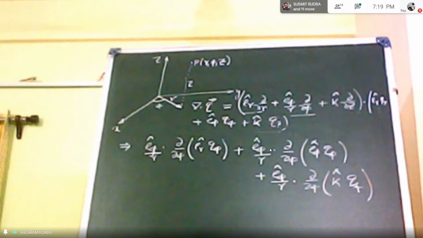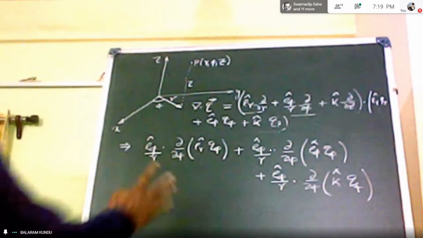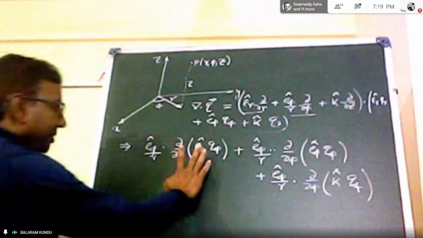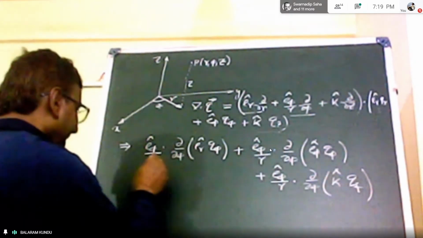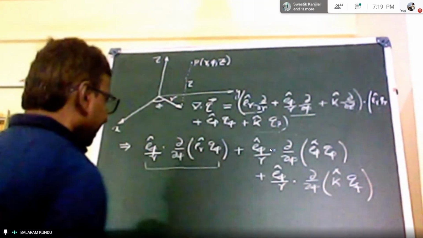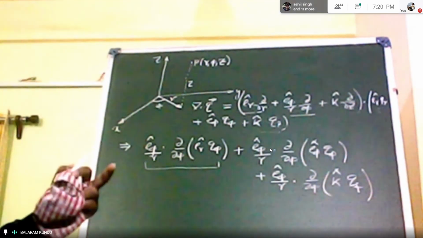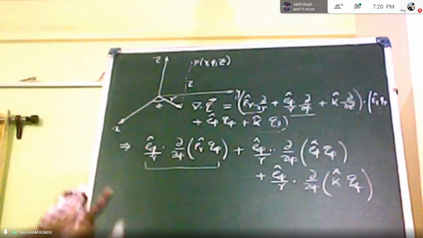So another three terms have been obtained here. Now this expression has come here. Whether from this expression any terms will be non-zero or not, that verification is required here.